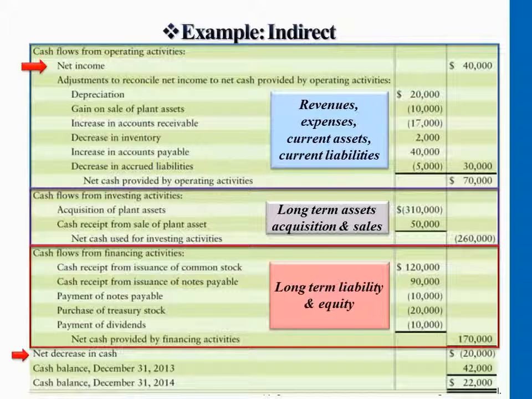Overall, this year's cash balance is $22,000. We got this from the net cash effect plus what you had at the end of last year. Add them up and that gives you this year's cash balance, which should equal the balance sheet asset category cash balance.